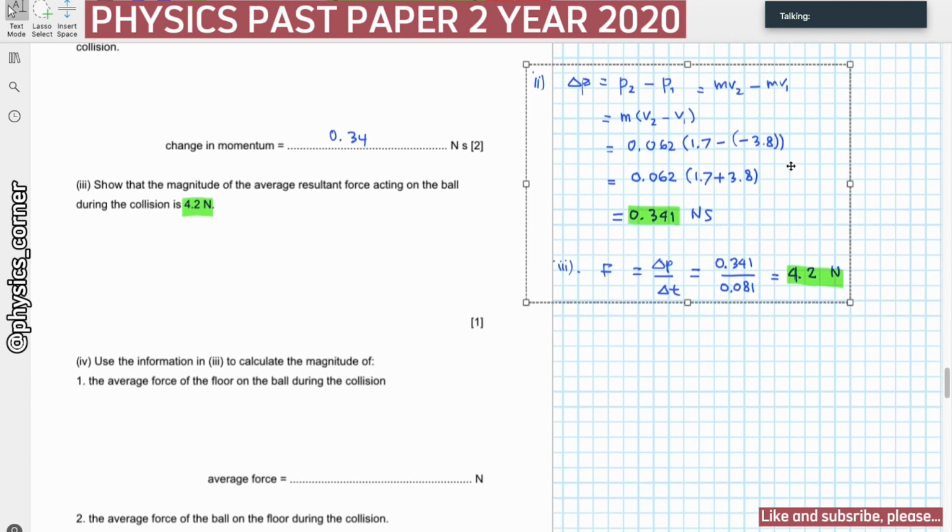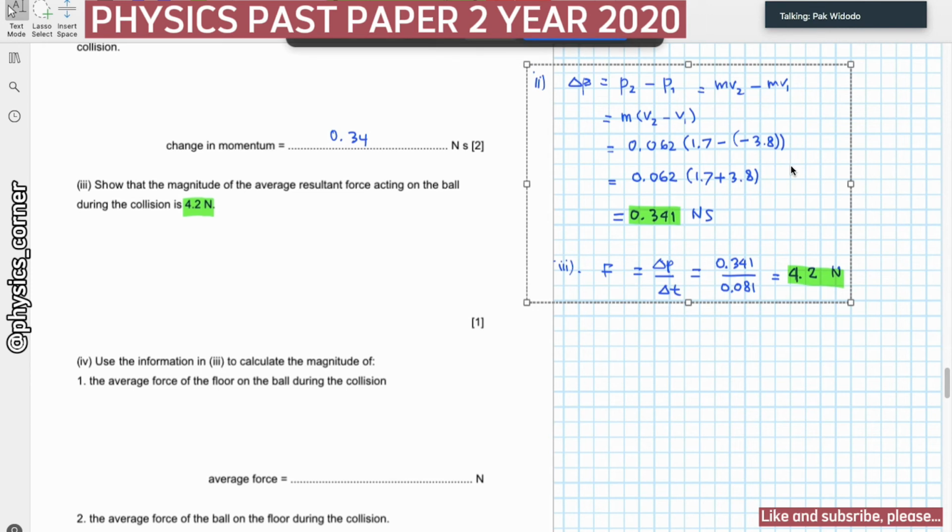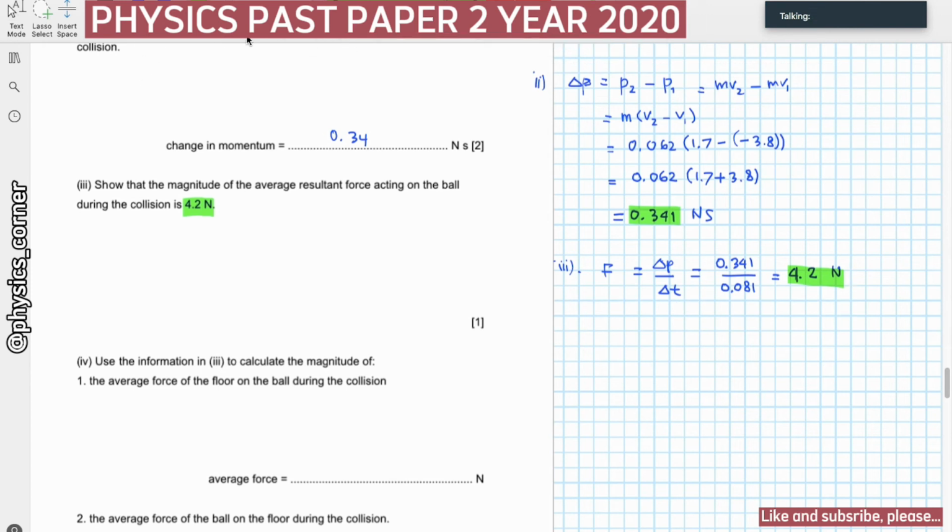Question IV: use the information in 3I3 to calculate the magnitude of the average force of the floor on the ball during the collision. Force average.